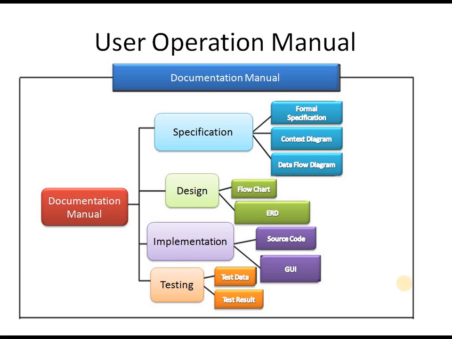In the context of specifications, we need to mention the formal specification, context diagram, and data flow diagram. In the design, we mention the flow chart and include the ERD, entity relationship diagram. In the case of implementation, we furnish the source code and the graphical user interface.